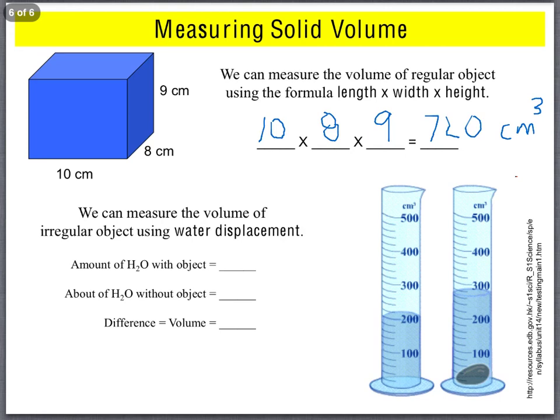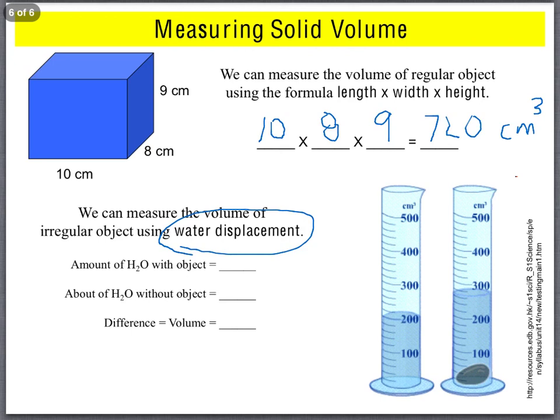Now measuring the volume of an irregular object is a little bit different, and we're going to use the water displacement method to do that. We'll practice this a bunch in class. Essentially what you do is you measure the volume of liquid with the object inside of it, and from that you subtract the volume of the liquid alone to determine the difference, which is the volume of that object.